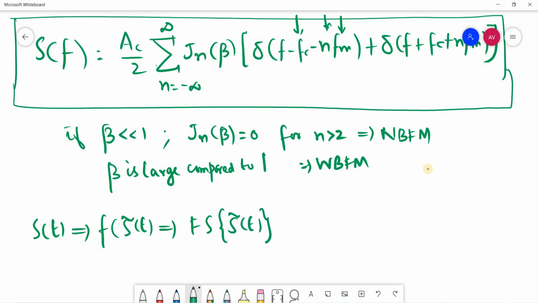Using that, we found s of t as a weighted sum of sinusoids or cosinusoids. Then we took its Fourier transform.